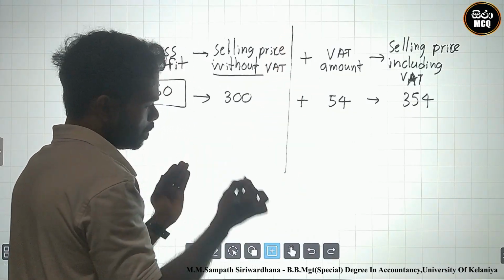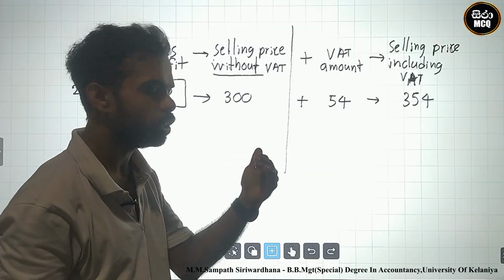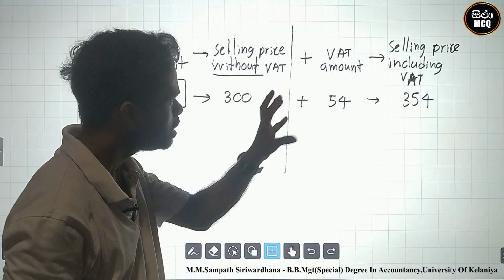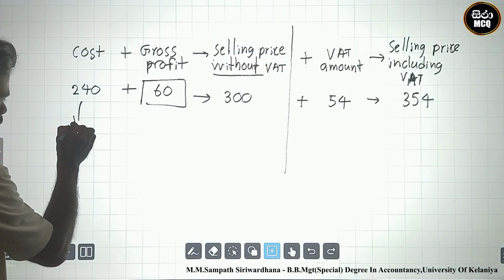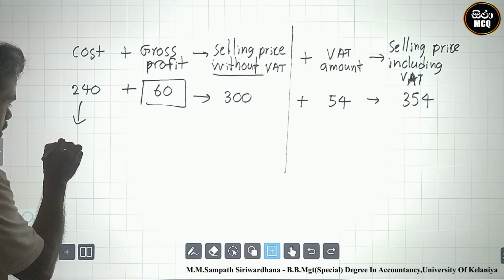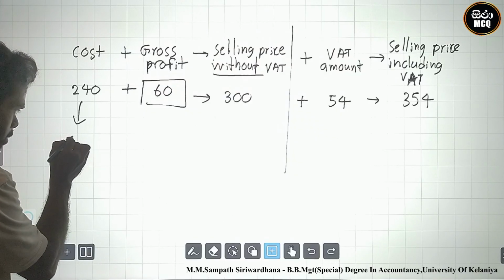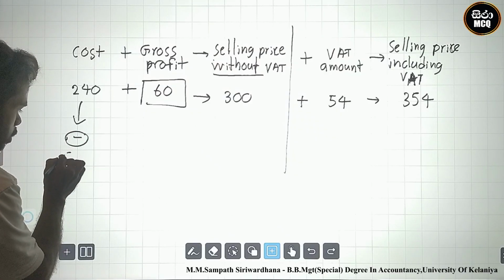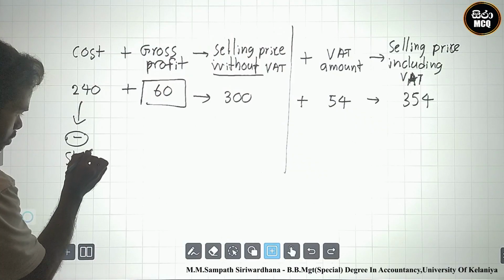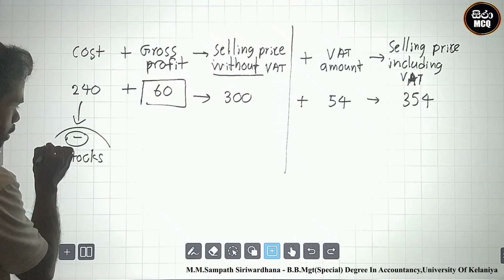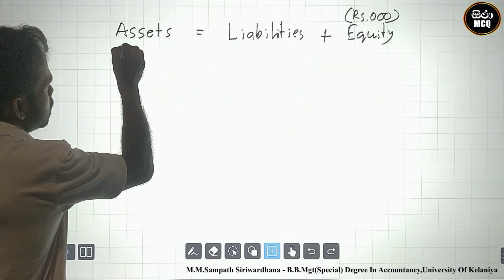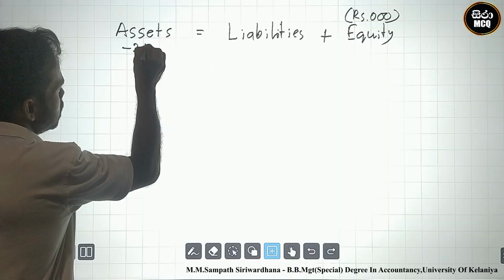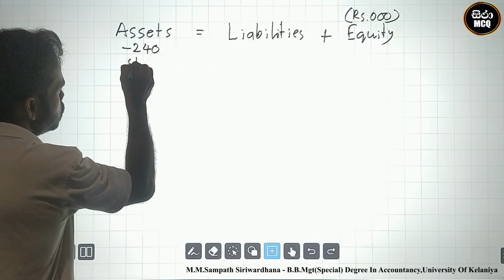We must show the increase or decrease to the equation using this schedule. Look here. Cost: we must deduct, it is minus stocks. Okay, let's see the equation. 240 is deducted from stocks.